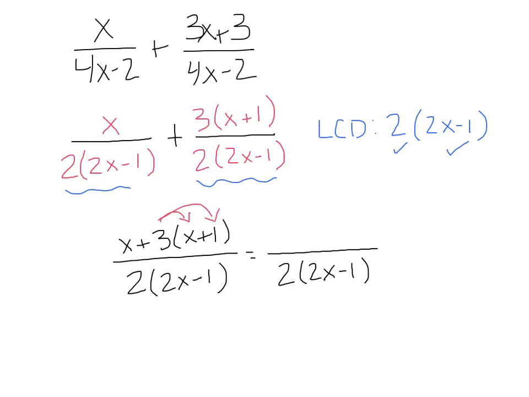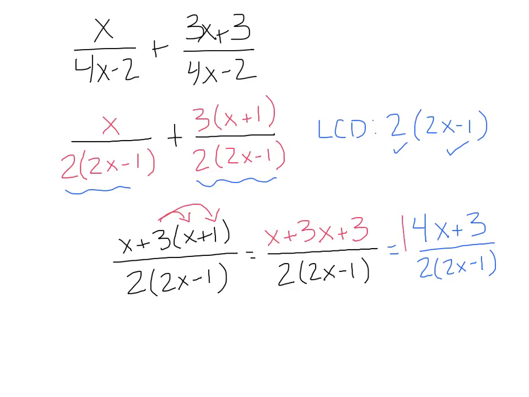So I'm going to end up with x plus 3x plus 3. So that factor I did earlier was actually kind of unnecessary. Now let's simplify this a little bit further. I end up with 4x plus 3 in the numerator and 2 times 2x minus 1. This new numerator does not factor any further, so I am done. That would be my simplified fraction representing the sum of the two original fractions.